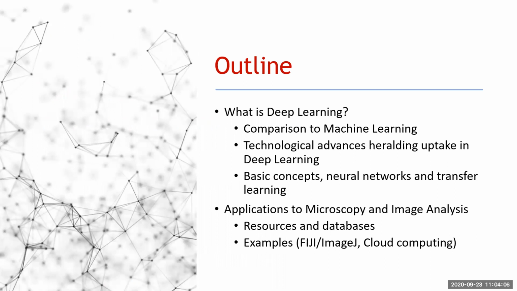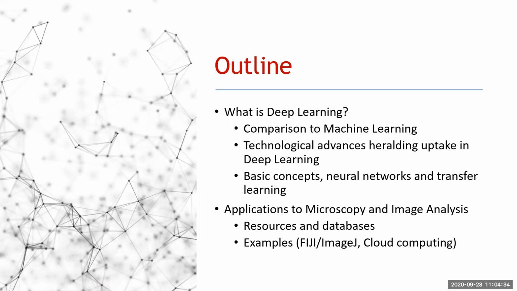So we're going to go over some basics just to compare it to what machine learning is, or where it sits in the hierarchy. The technological advances that have allowed deep learning to be incorporated more and more into everyday analyses. The basic concepts of neural networks and how that's used in deep learning.